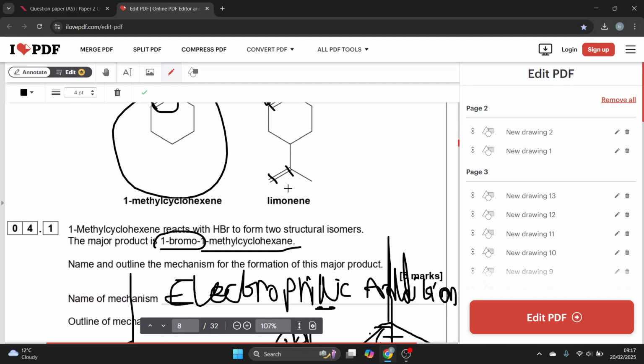And in this case, limonene, if I have the Br here, then that's just going to be a primary carbocation. That's not what I want. And I can't have it here. I can only have it here, and that will be a tertiary carbocation.